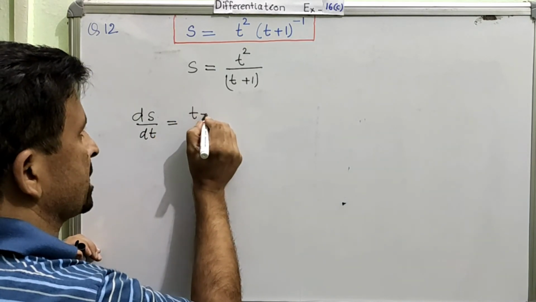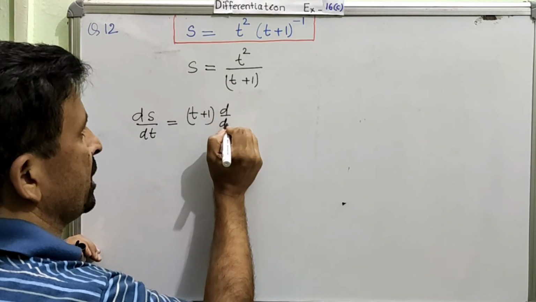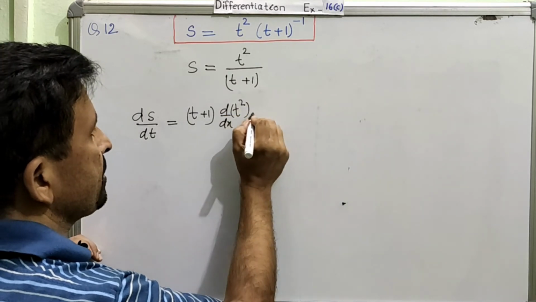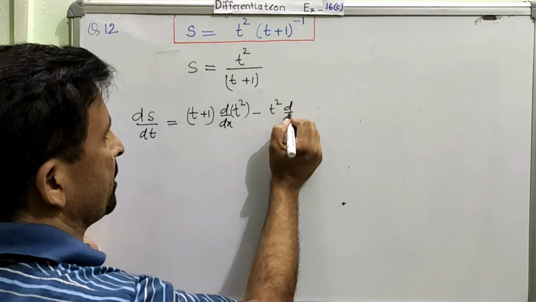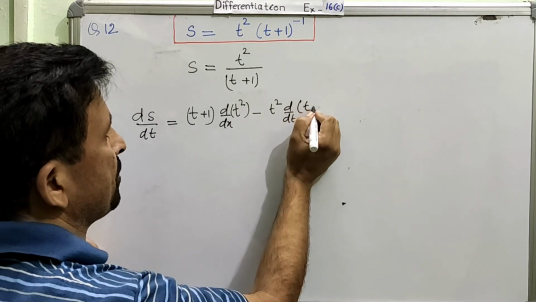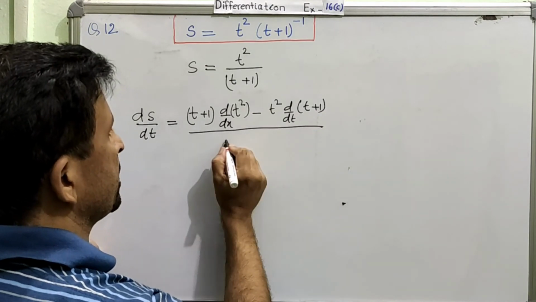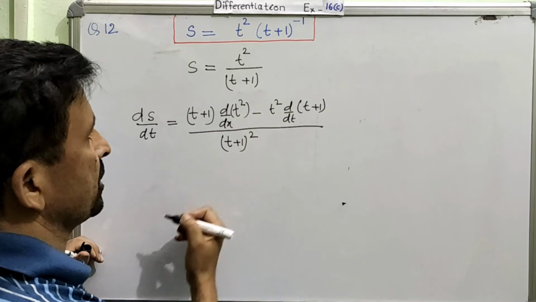Denominator will be as it is, t plus 1, right? And then we will find the derivative of the numerator. This is t square. Minus sign. T square will be silent, and then we will find the derivative of the other one, that is t plus 1. And then down, the denominator will be squared. So t plus 1 whole to the power 2.